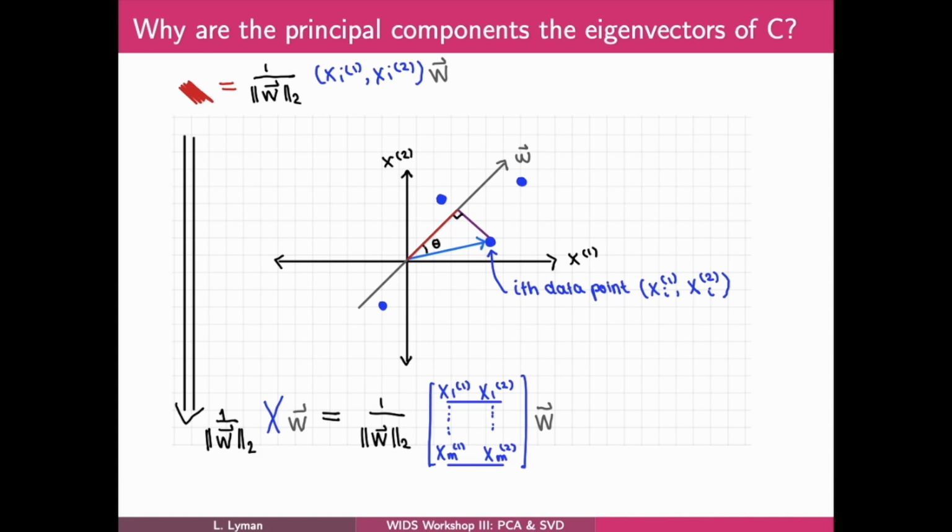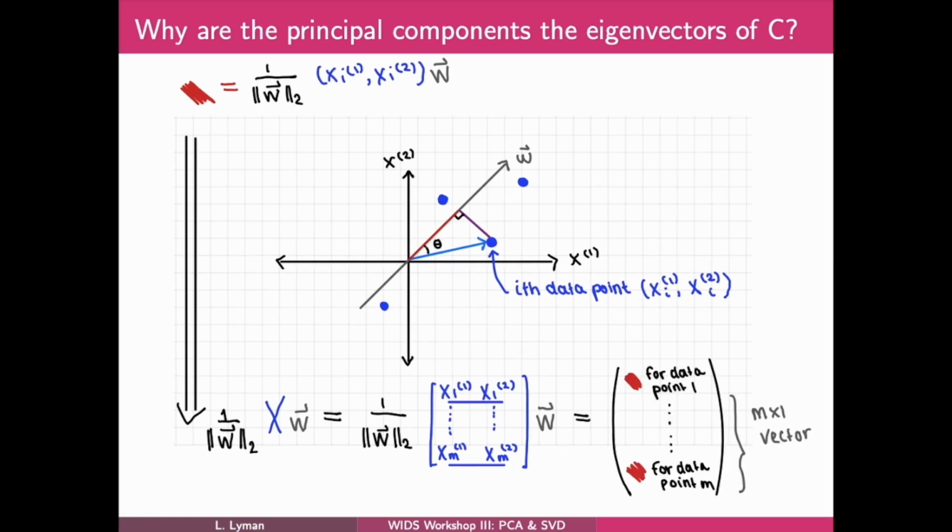And we know from matrix-vector multiplication that the output of multiplying capital X by w is formed by taking the dot product of every row of capital X with w, which is to say that we're repeating our computation for this segment in red for several different data points.